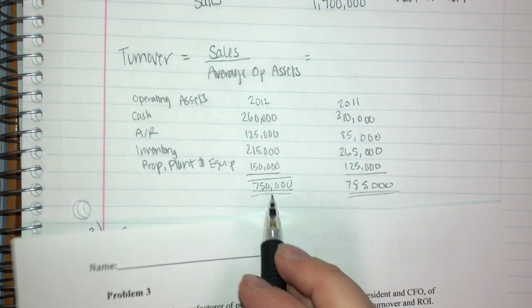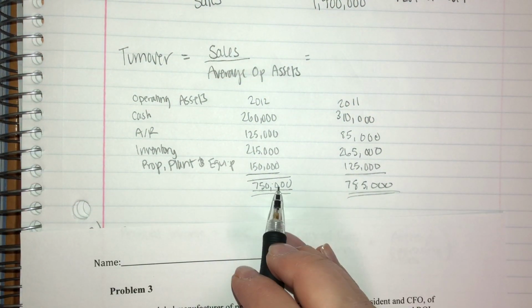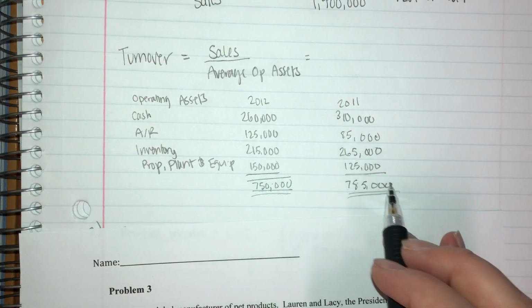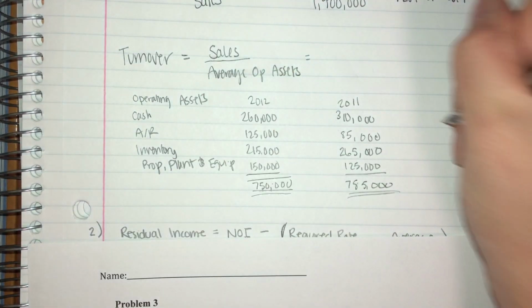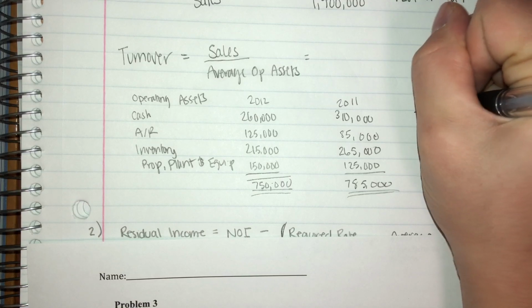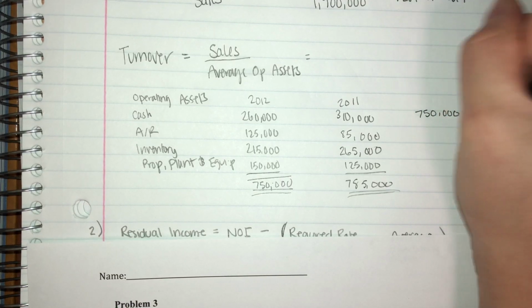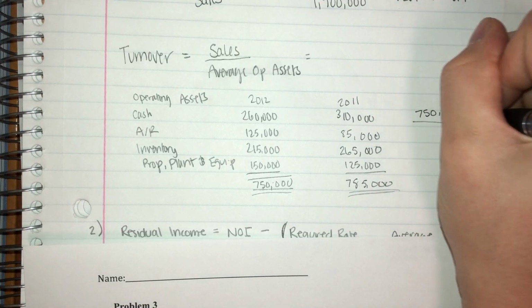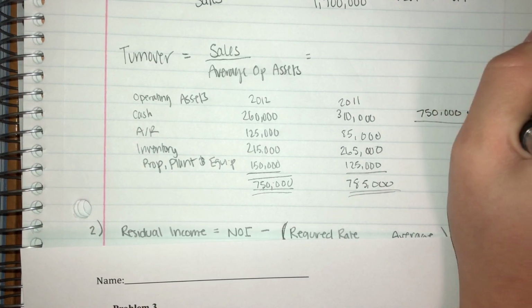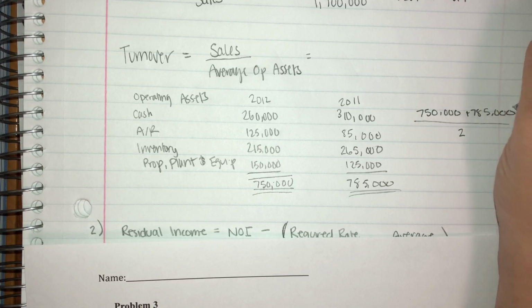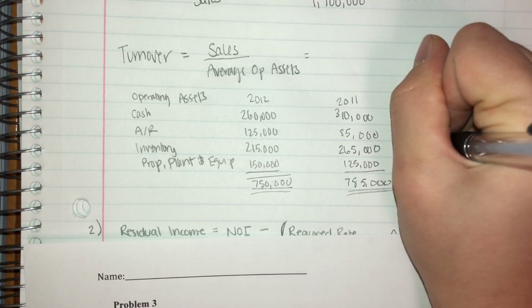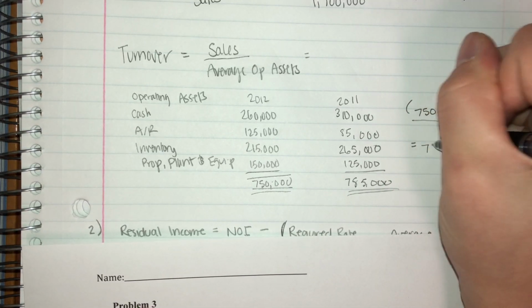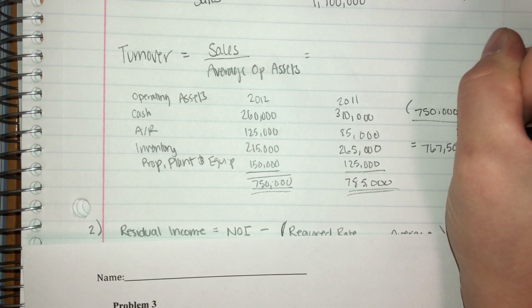So year 2012 and year 2011. What we would do is add those two together, and then divide by how many? 2, because there are 2 years. That gives me 767,500.